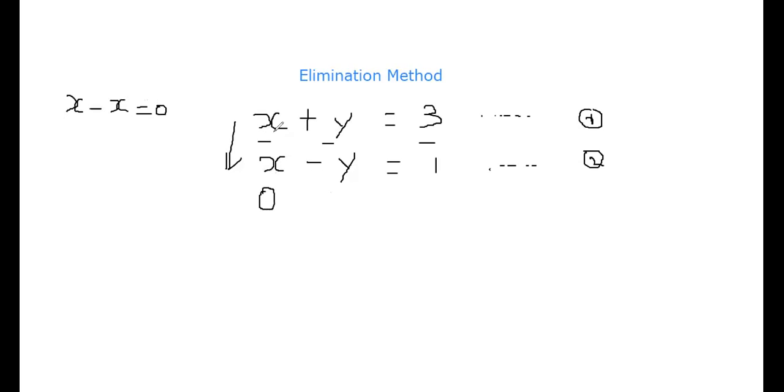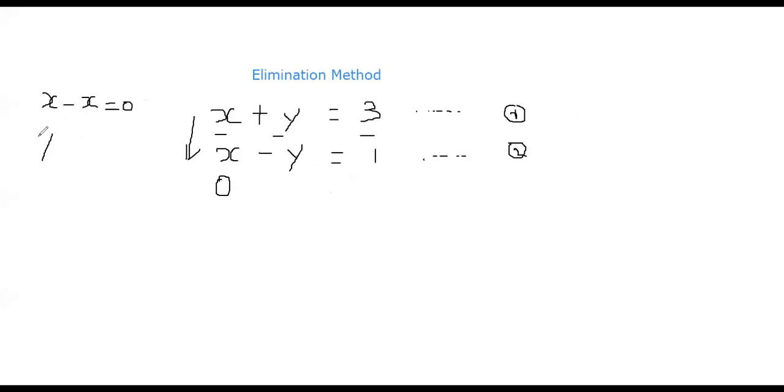And then we have y minus negative y. What will this give us? Anybody?